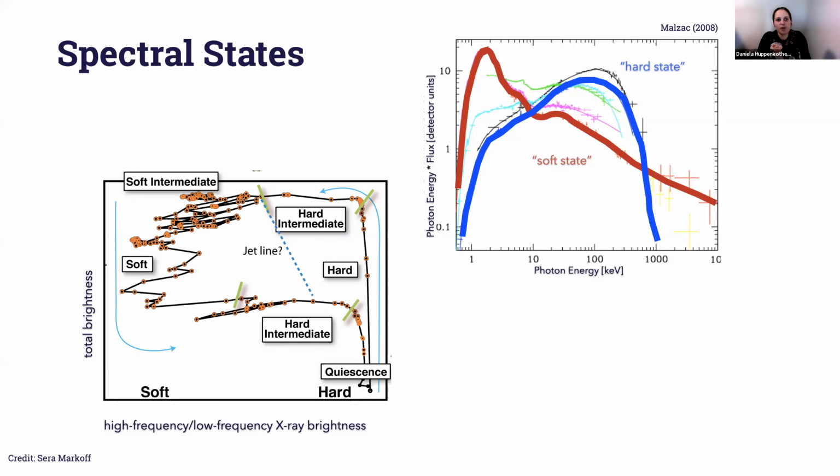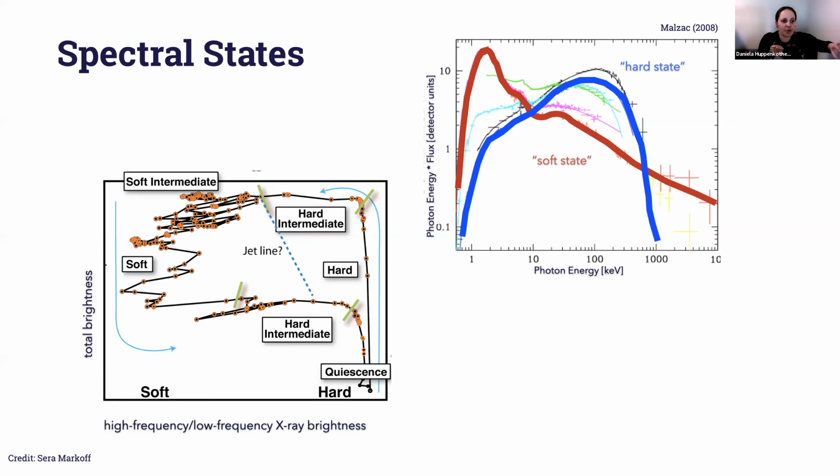To first order, if you dump more gas in this disk, that matter has to slowly move inwards, and as it does, it loses energy, and that energy gets translated into light, and that's then what we see. So that's why they get both brighter, and the spectrum changes towards this low energy component where a lot of the emission from this accretion disk happens.